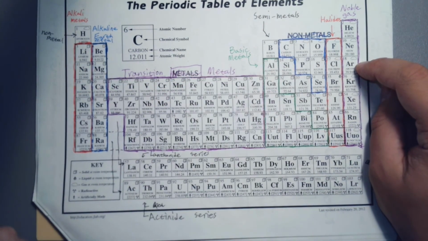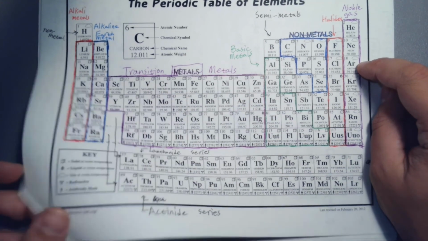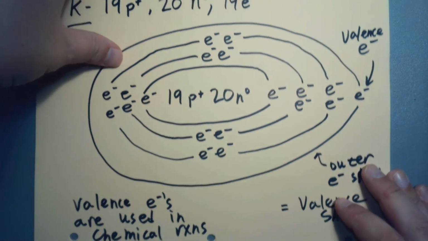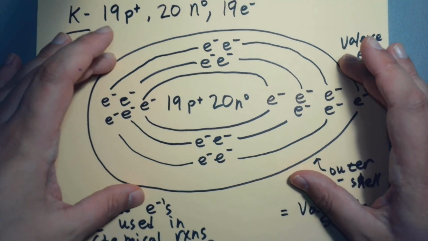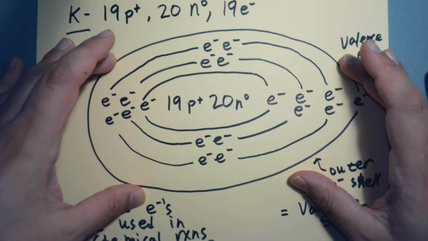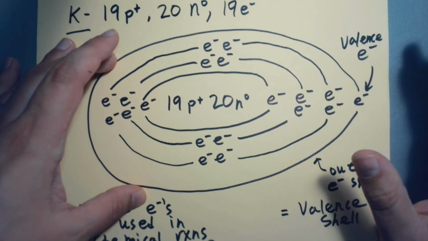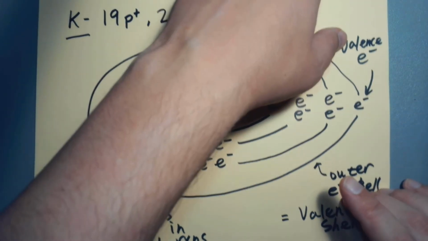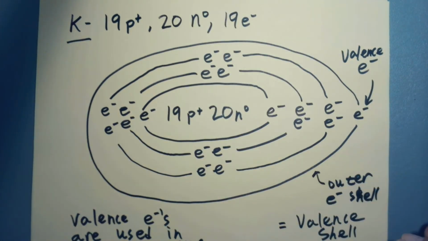When that valence shell is full, there is no need to do chemistry, because, and we'll talk about this more later, this is an early heads up, either filling or emptying the shell drives chemistry. Those noble gases don't need to do that. So just be aware, this is where the chemistry happens. That's all you got to know for now. But I always like to sneak in kind of later details.